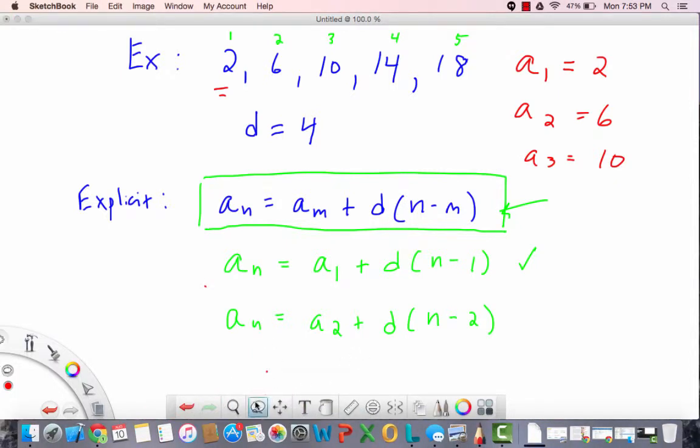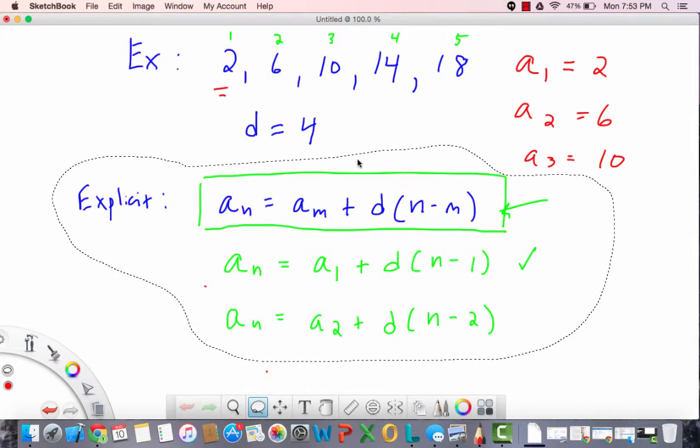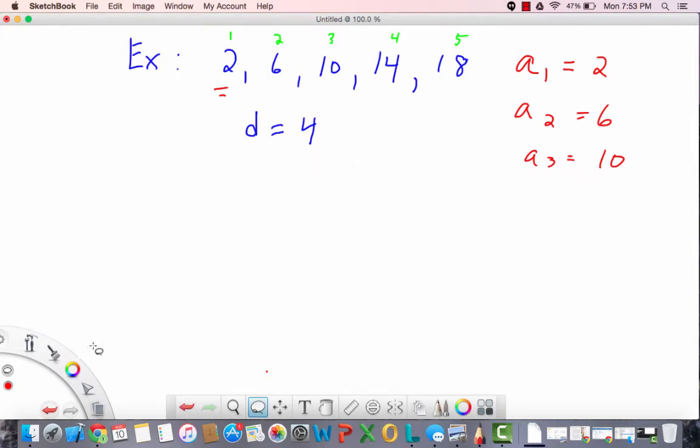Okay, so let's make a little more room here. And let's do a fairly easy example. Let's say we wanted to find a sub 6.